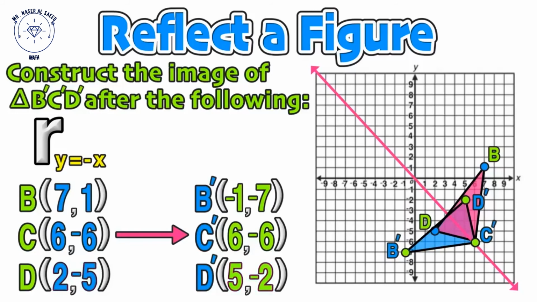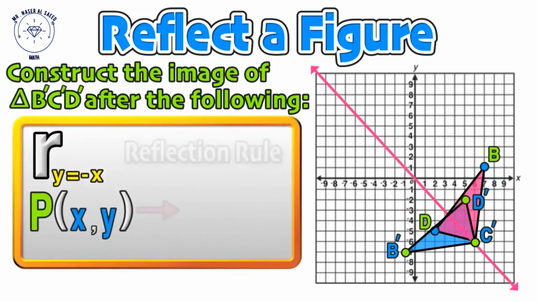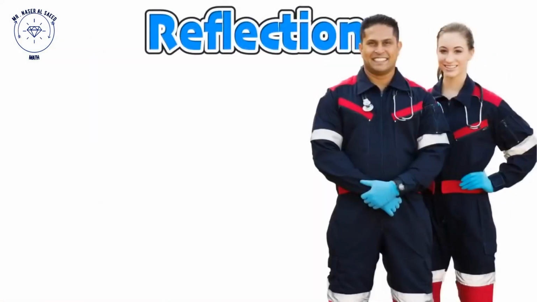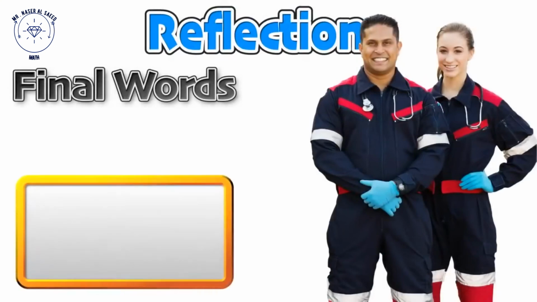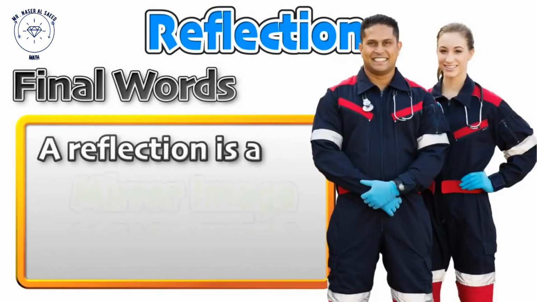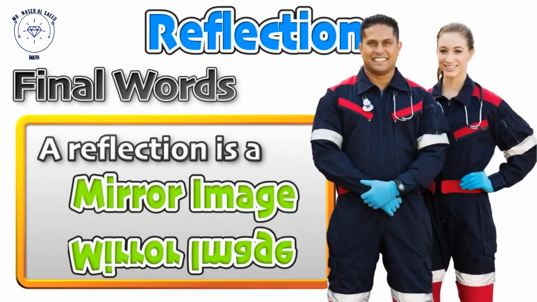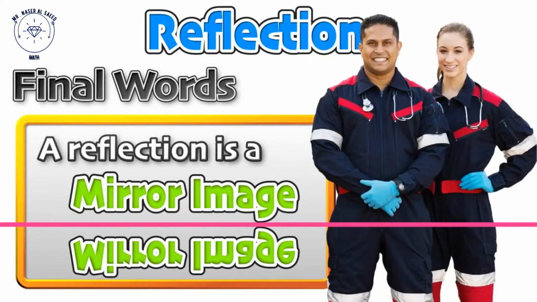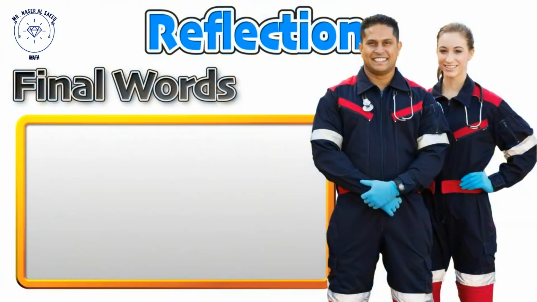C remains unchanged, and D with coordinates (2, -5) and D prime at (5, -2). This is the relationship when reflecting any point over the line y = -x: the x and y values are switched and negated, so (x, y) becomes (-y, -x).